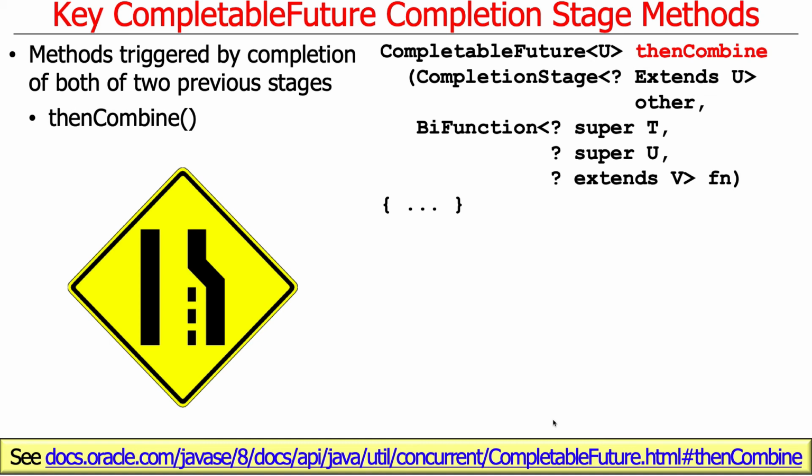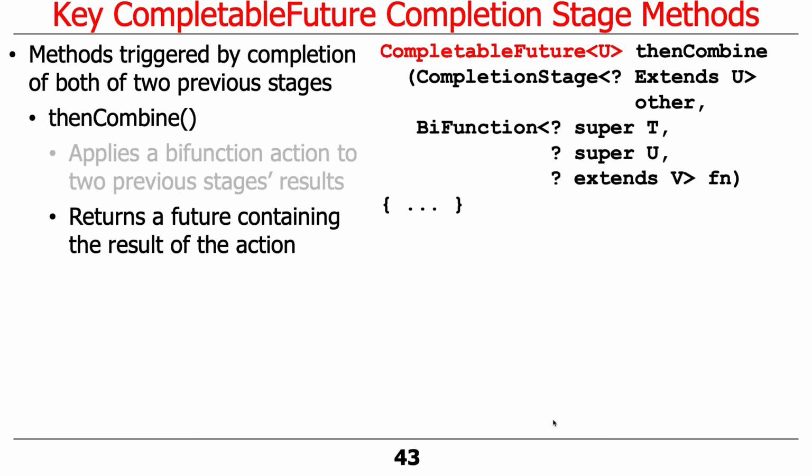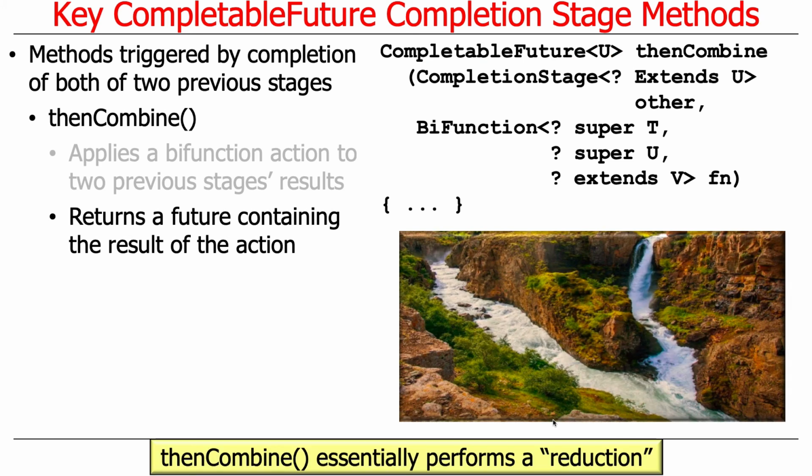Then combine, in contrast, is triggered when both of two previous stages run. And in this case, you can see that what it takes is a bi function that will take the results from both of the previous stages and do something to it. And it returns a future that contains the results of applying the bi function action to the results of the two previous stages when they complete.